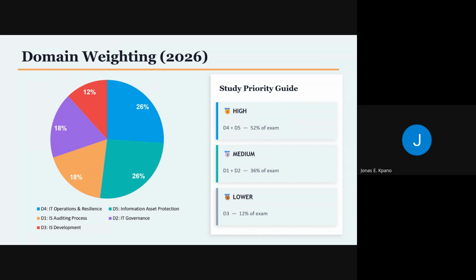Each domain has a different weight in the exam. Here you notice that domains 4 and 5 carry the highest weight, so they are very important. Domains 4 and 5 carry 26% each. That shows you that when preparing for the exam, you need to focus a lot on these domains. The higher the domain weight, the more questions will appear in the exam.